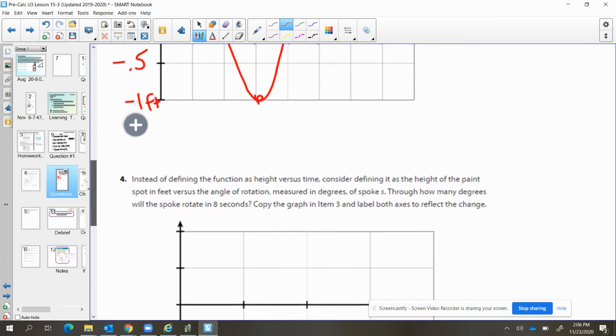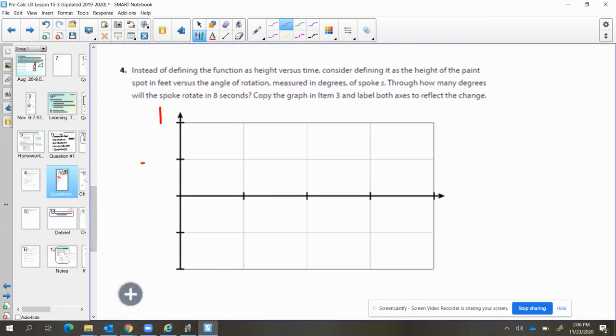Now, if we keep going with that idea that we're going to keep this in feet, we're now going to change this, instead of talking about seconds, to talk about how much we move in degrees. Well, over the course of 8 seconds, we rotate around our circle 1 time, so 360 degrees, and then a second time, so 720 degrees.